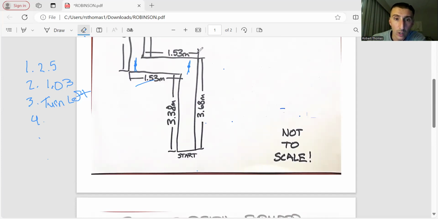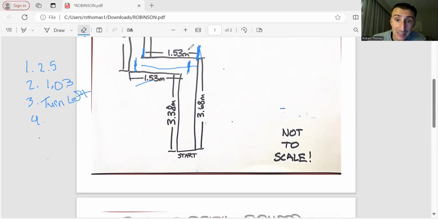I know it's 1.53 from here to here. So if I go from here to here, I know I'm already in half a block. I'm starting in front of that line a half a block. So then I go here, but then this ends here, and I go forward a half a block. So we started short, but we went long.